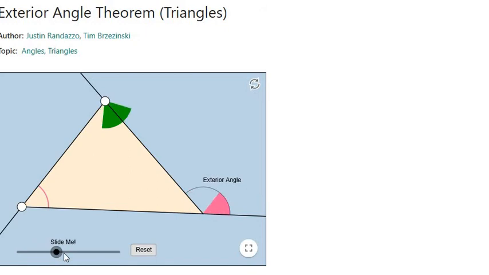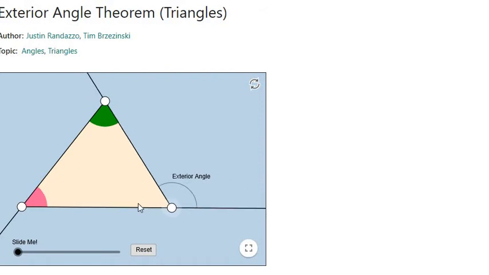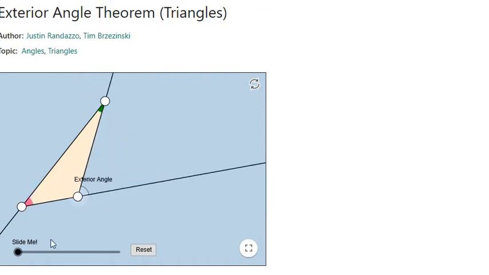When I slide it, notice the pink angle and the green angle come together and fill in that exterior angle. I'm going to reset it, change the size up a little bit, and let's see. Pink angle and green angle fill up the exterior angle.